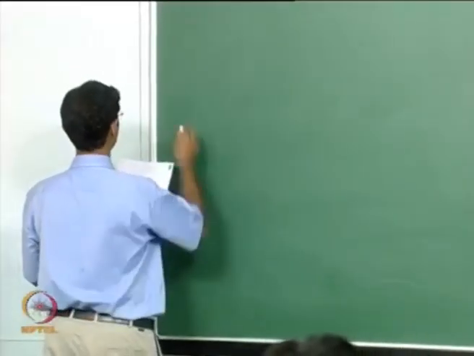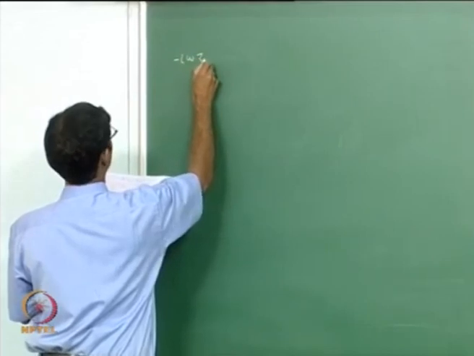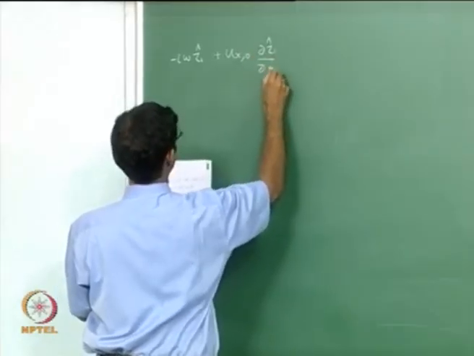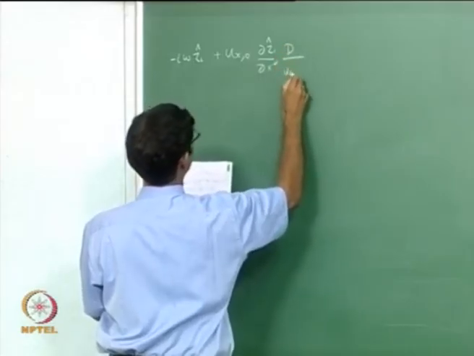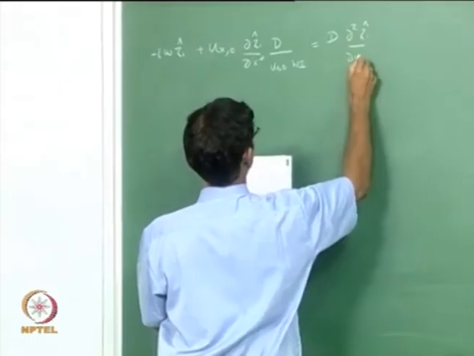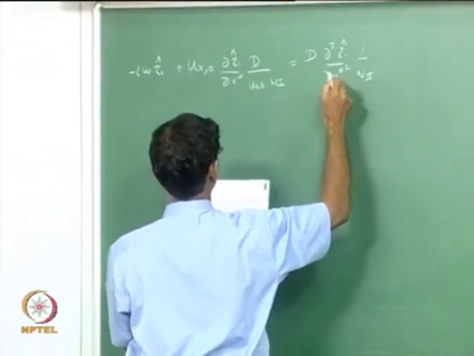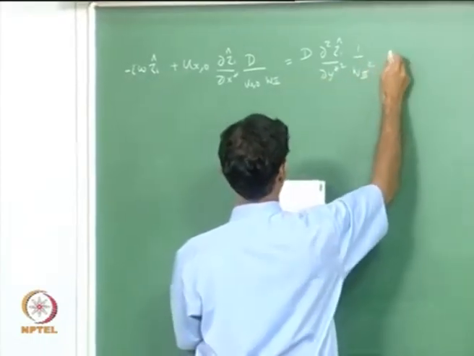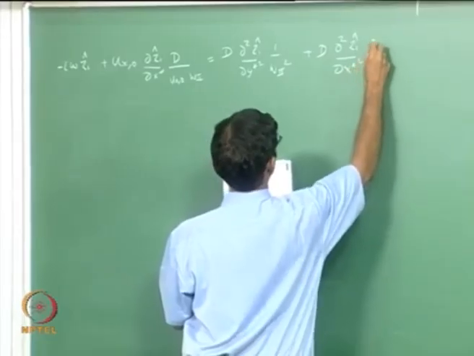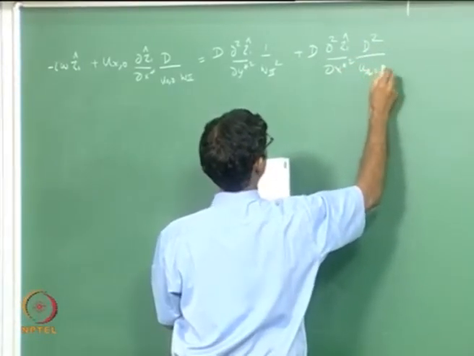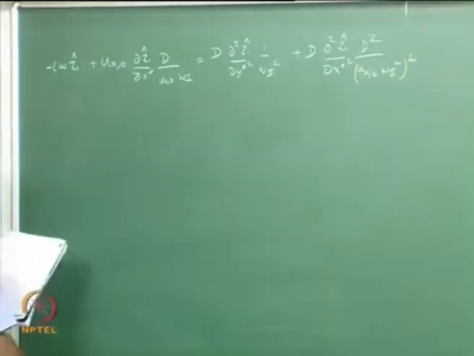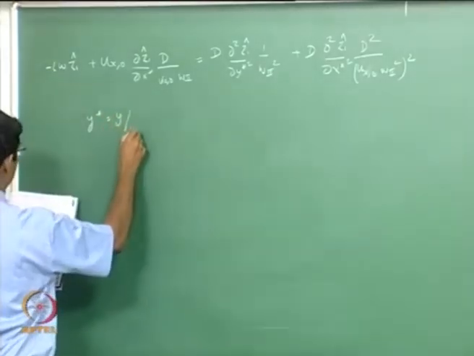So what we have is, we have to remember that y star is y over W2.